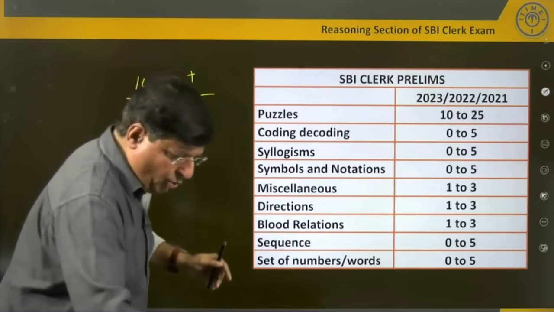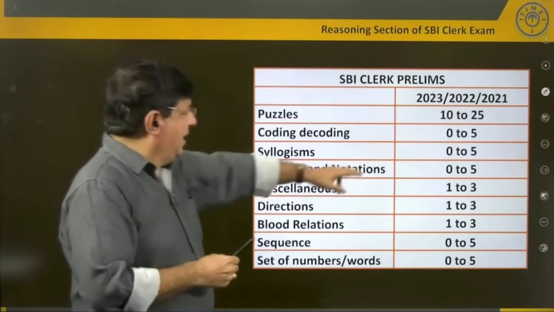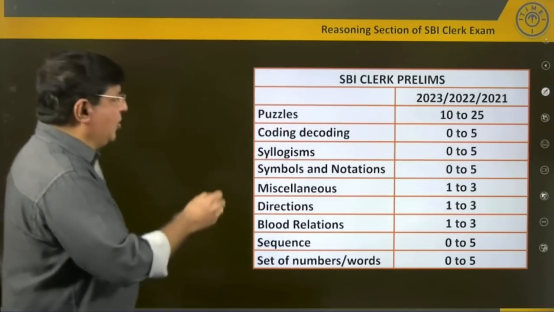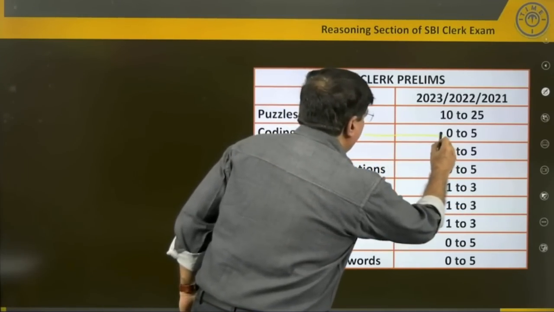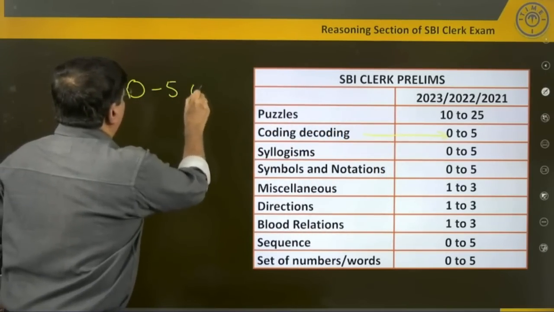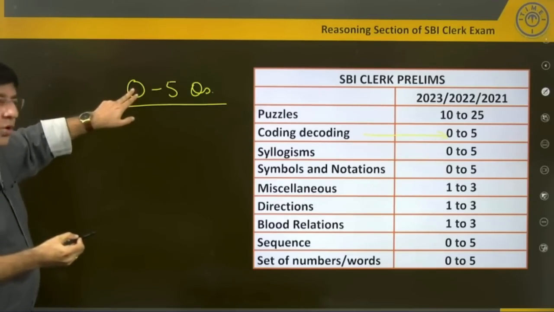Before we get into more discussion on this, I'll explain the meaning of this range. A 0 to 5, what does it mean? Let us take coding decoding, 0 to 5. What does 0 to 5 questions mean? In some slots, there were no questions on coding decoding.